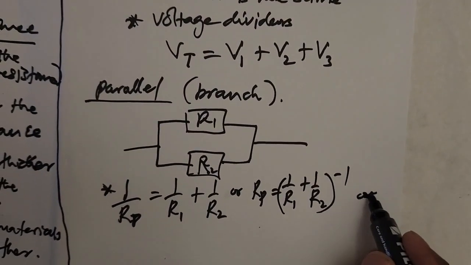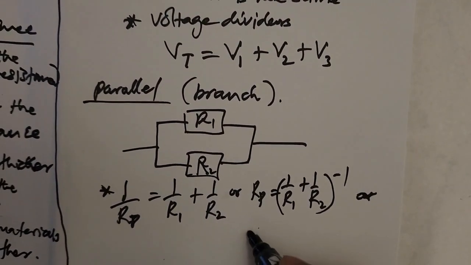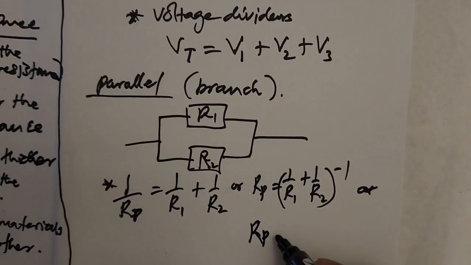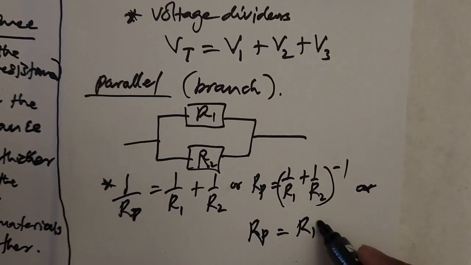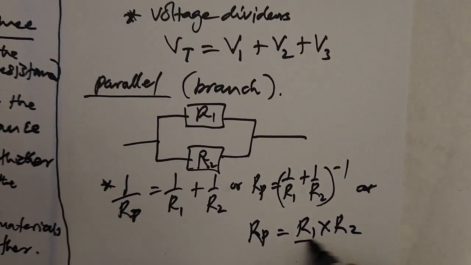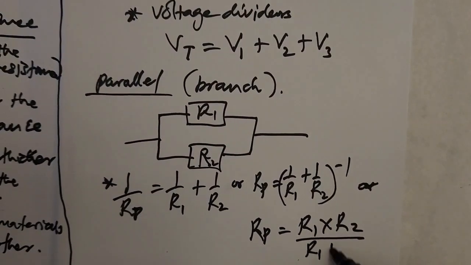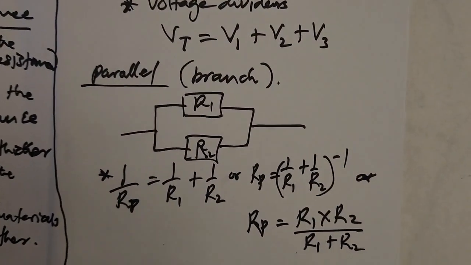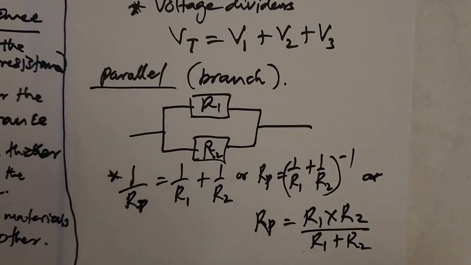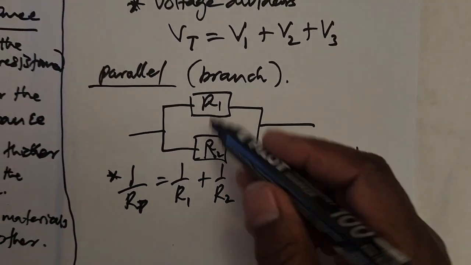Or I can also have the last option to say R parallel can be the same as product over sum. Product over sum. That's the case. So either of these 3 will give you the same answer if this is the case.